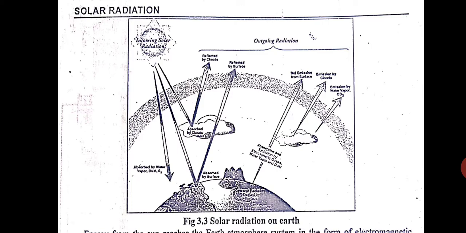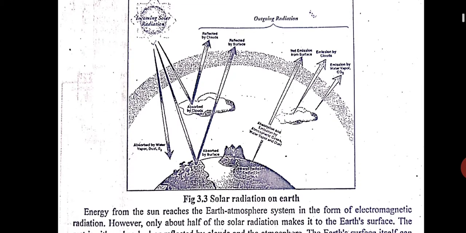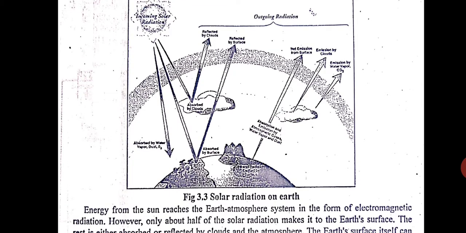So there is some incoming radiation from the sun and there is some outgoing radiation also, whether it is reflected by clouds or by the Earth, or hot emissions from the surface, or emissions from the clouds themselves, or emissions by water vapor and carbon dioxide. So of the solar radiation, part of it comes to the Earth, and part of it is reflected back.